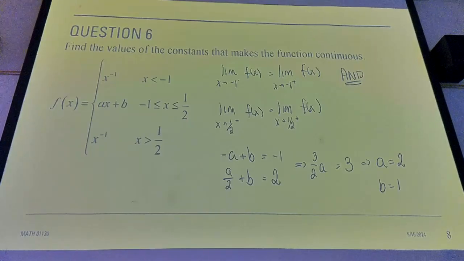What is now the limit as x approaches -1? Well, that's easy. It has to be -1, because that's what the left-handed limit was, and we just guaranteed that the limits are equal, so the limit exists. What is f of -1 using that a and b?